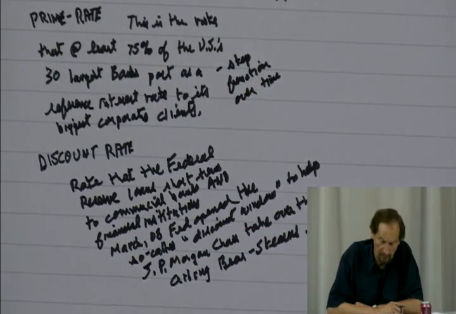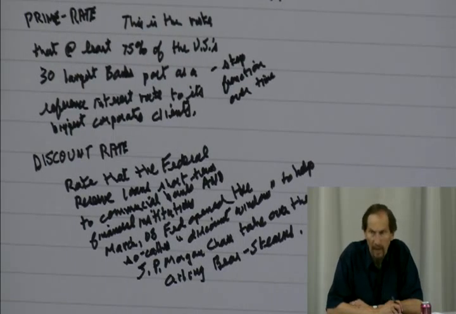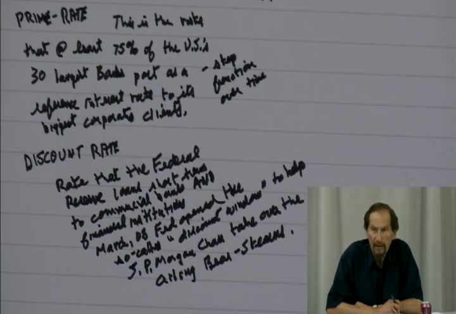Because it's related to the federal funds target rate, it only goes up or down when the federal funds target rate goes up or down. Then it jumps up or down. So if you look at a graph of it, it's a step function. Whereas a commercial bond rate will be more of a continuous function.